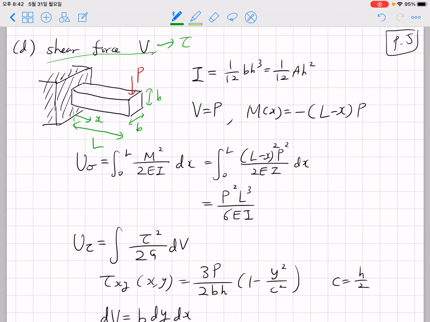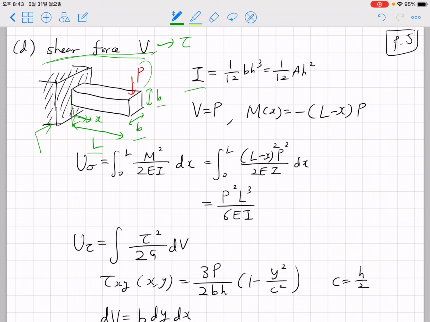For general cases, it's not easy to obtain the solution for the shear force case, so we'll consider a relatively simple case. We have a rigid wall, and a cantilever beam with a point force P acting on the right end of the beam, and the dimensions are given as usual. The length is L, thickness is B, and height is H, and x starts from the origin at the left end.